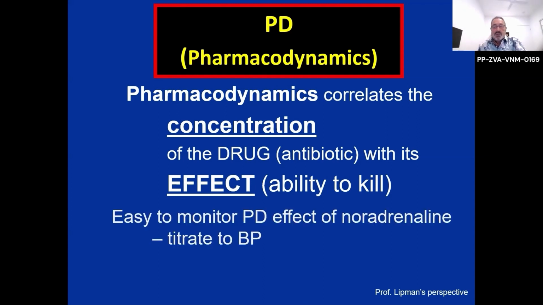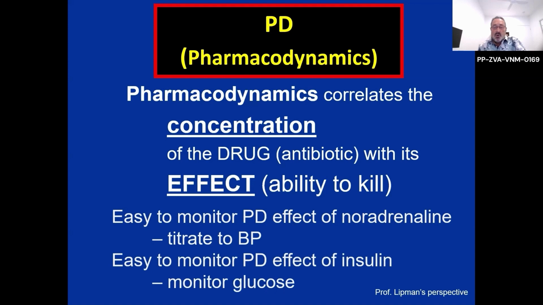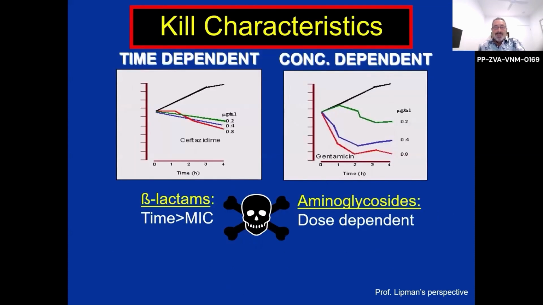It's easier to monitor the pharmacodynamics of noradrenaline, where you just titrate to a blood pressure, or of insulin, where you monitor glucose. So understanding the PD of antibiotics revolves around understanding the kill characteristics of antibiotics.